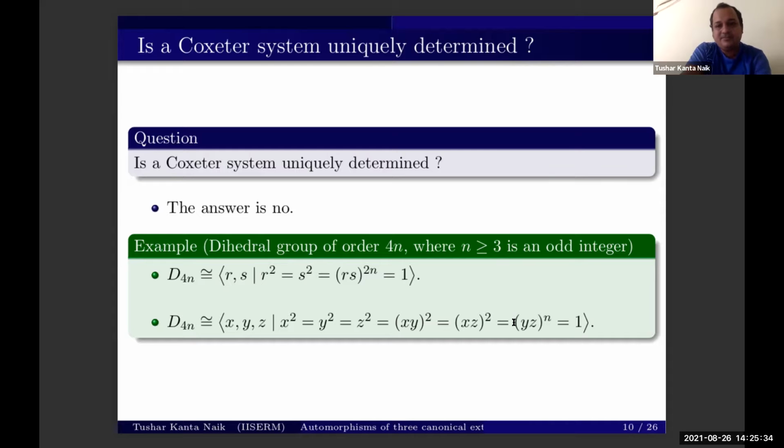Same set of relations? You mean up to some range? So let's take D12 and D20. For D12, in the first you take this presentation, in the second you take this presentation, and for D20 in the first group take this presentation, and in the second take this presentation, and take the direct product.